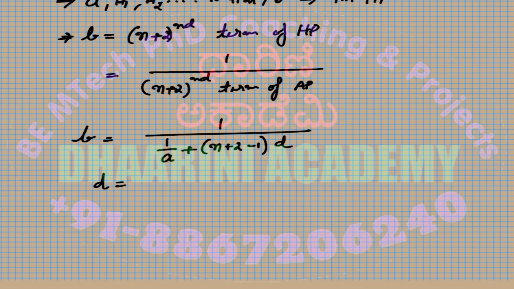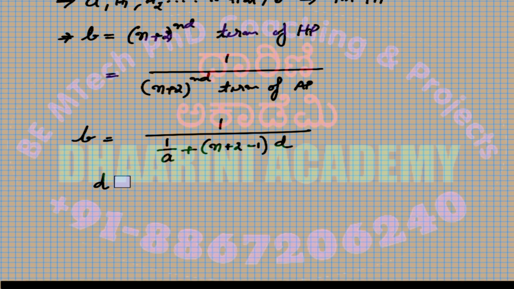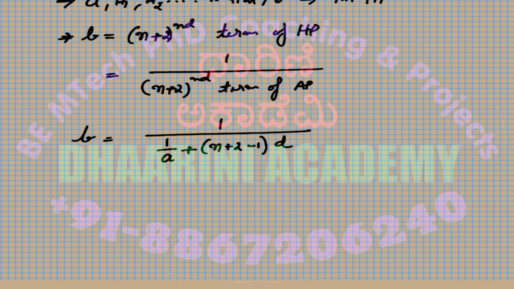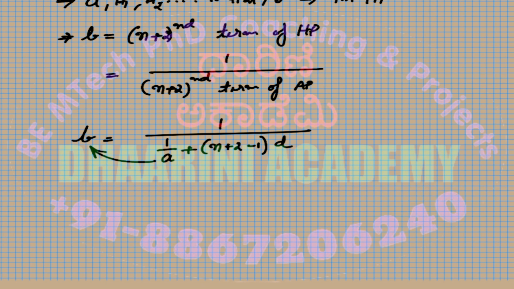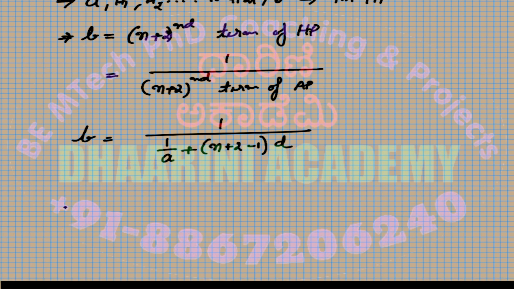We'll try to write that answer in a different format. I want to calculate D, so I can bring the denominator to the other side. So I get B into 1 by A plus n plus 1 into D equals 1.